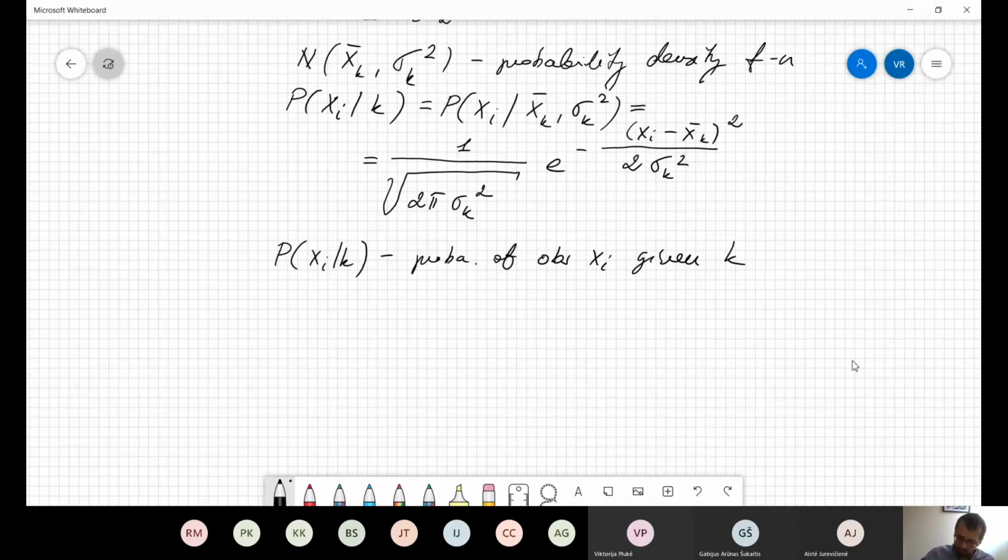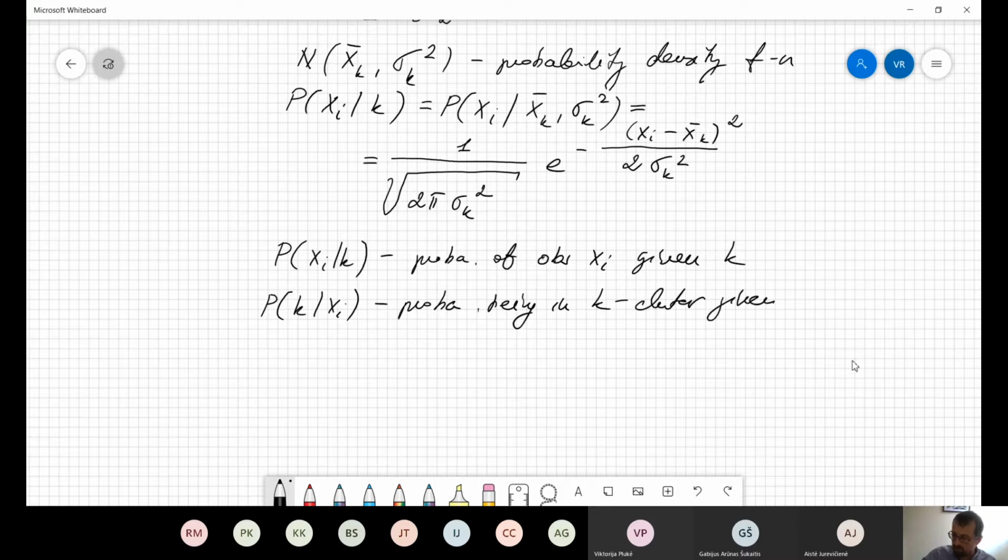Okay, the other way around, we can say this is the probability to be in the K cluster given the observation xi.